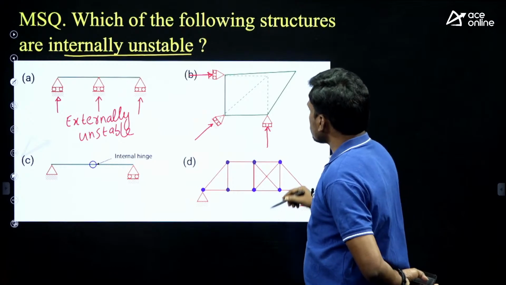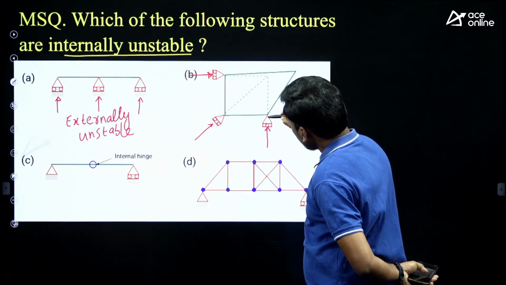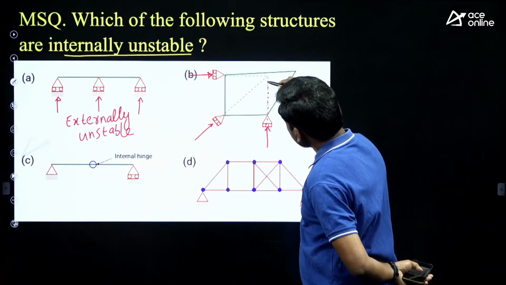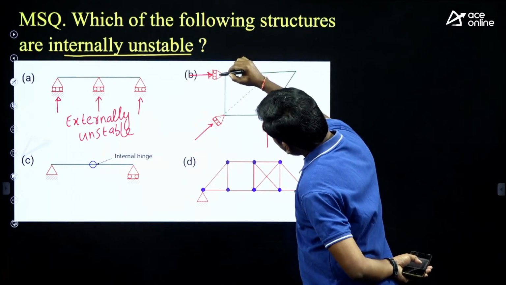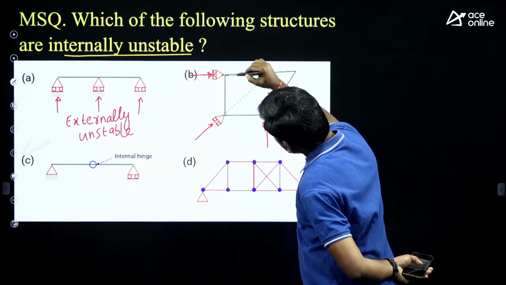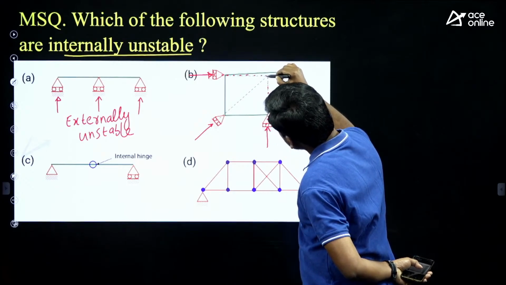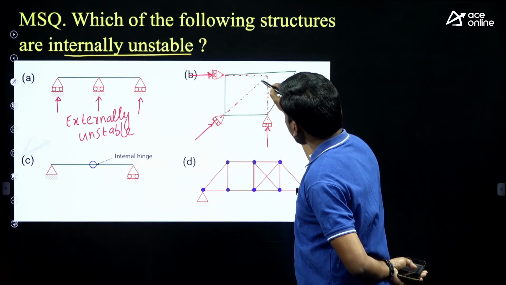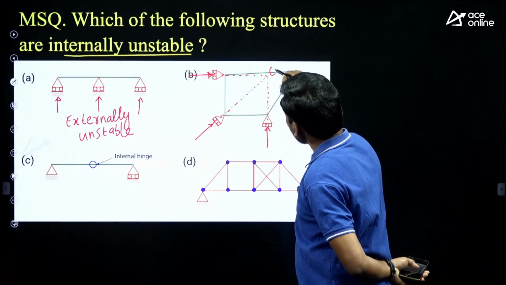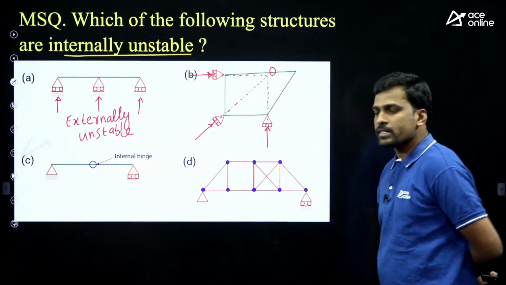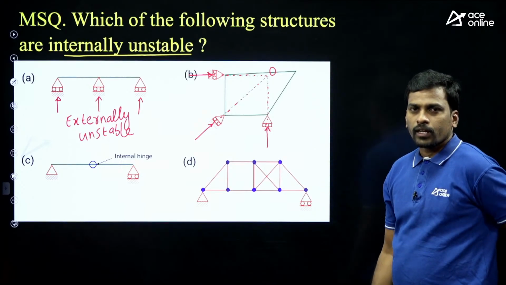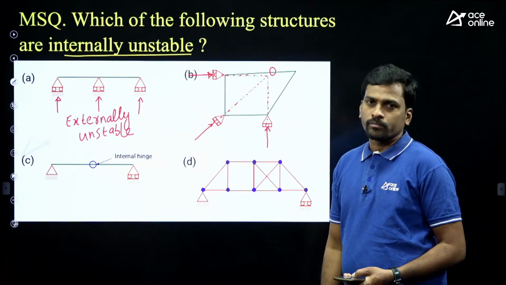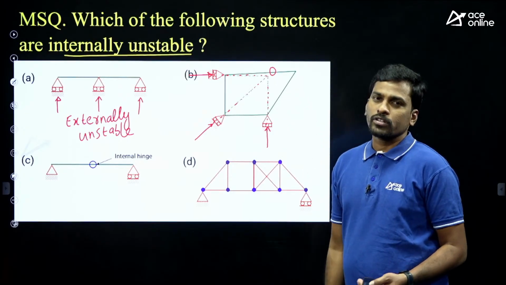Now students, if you see the line of action of this vertical reaction, and the line of action of this horizontal reaction, and the line of action of this inclined reaction, are all the support reactions meeting at a single point or not? Nothing but concurrent. If all the support reactions are concurrent, it is also an unstable structure.